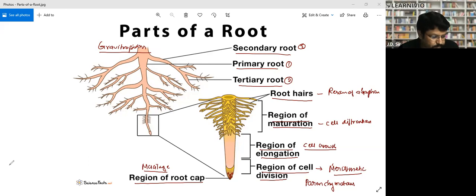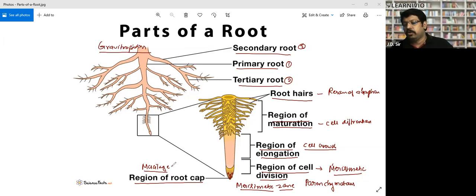Next, the region of cell division or meristematic zone. Meristematic cells are those cells which keep on dividing continuously. They are soft, small cells. Note it down: it is about 1 millimeter in length.